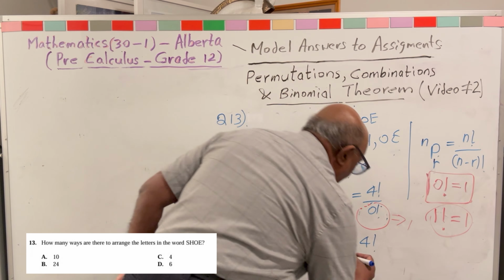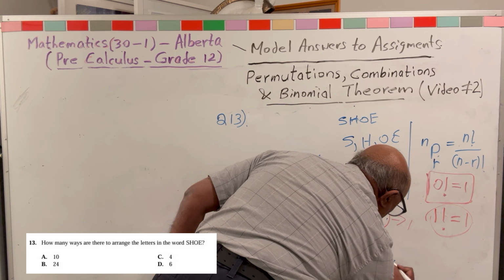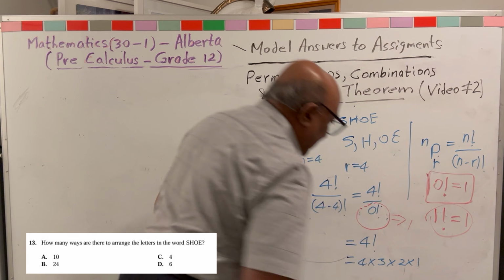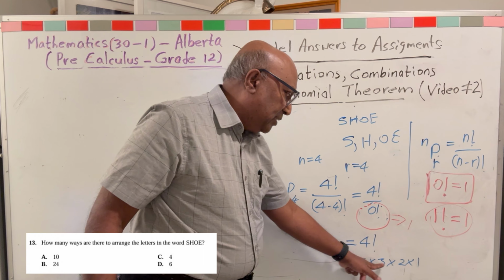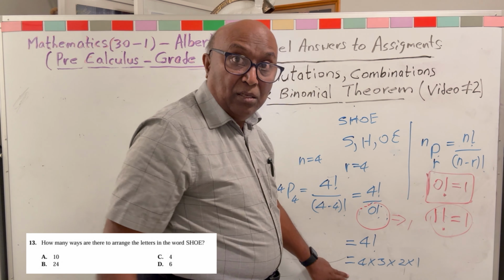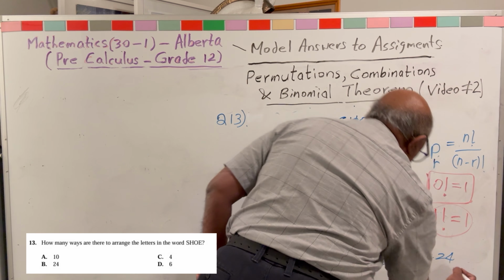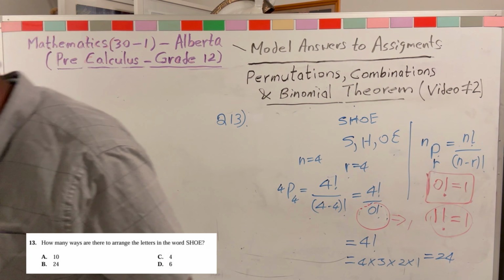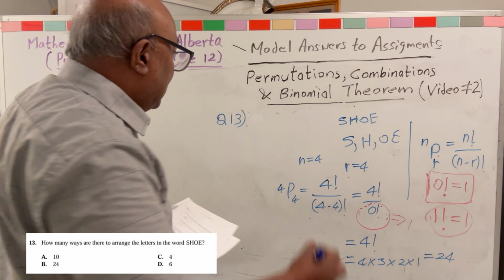Otherwise, use this formula, applying the definition of the factorial: 4 times 3 times 2 times 1. When you multiply this, you get 24. Answer is 24, which means answer is B.